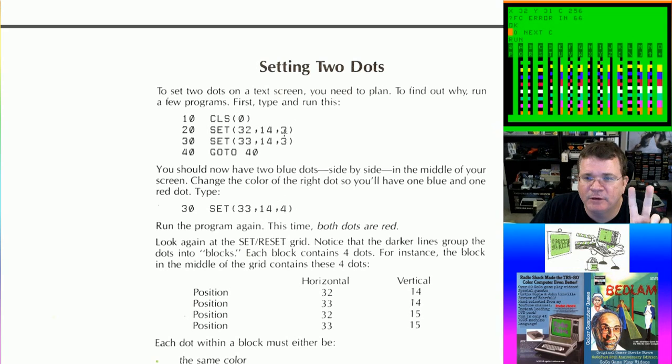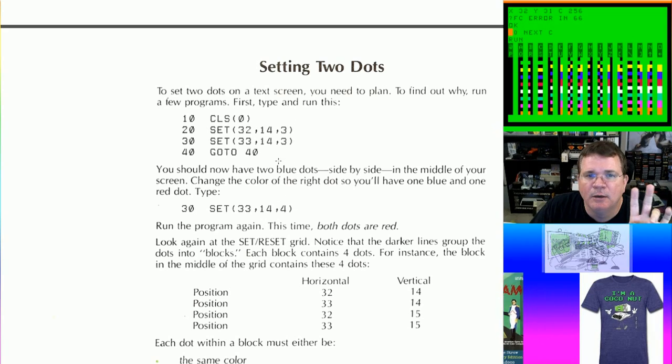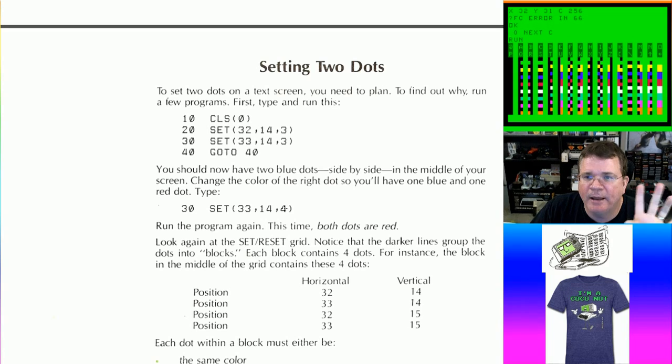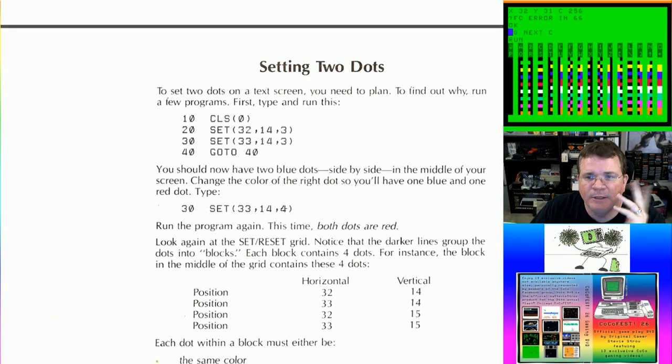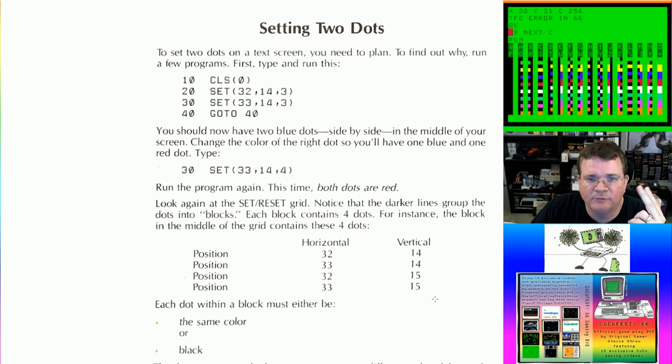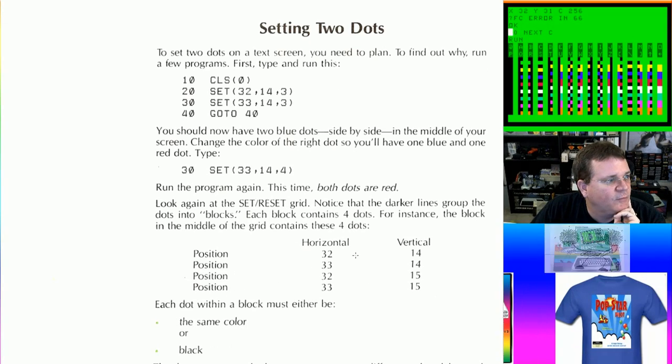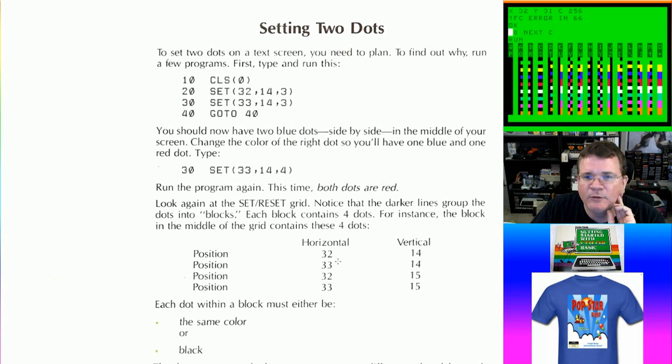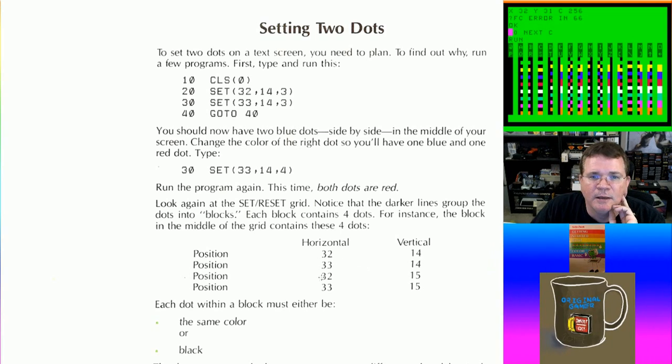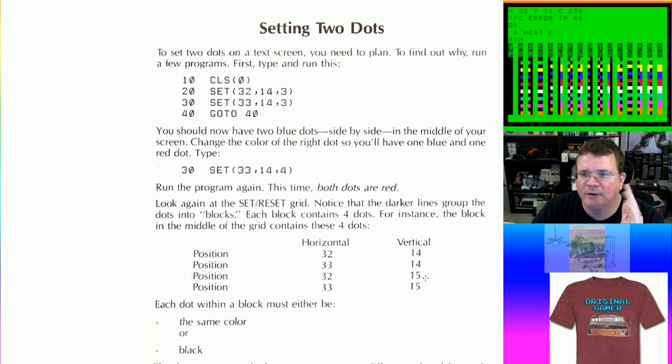So we start off with a double wide blue. When I paint the second blue pixel red, everything becomes red because you just can't mix 2 colors in the same cell. In this little diagram, they're saying that positions 32 and 33 would be part of the same block, and vertical 14, and positions 32, 33 and vertical 14 would be the same too.